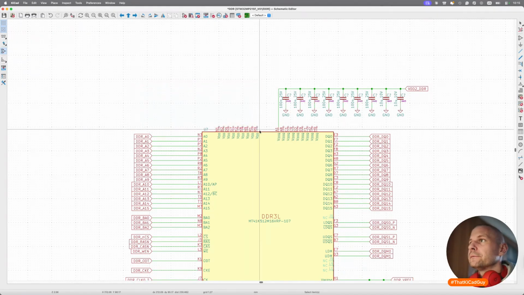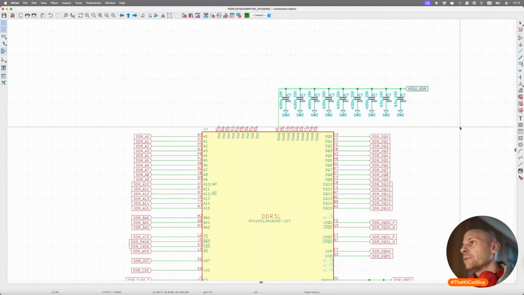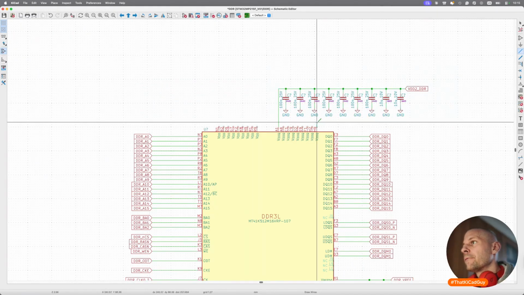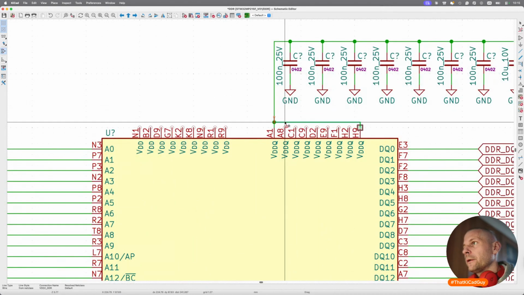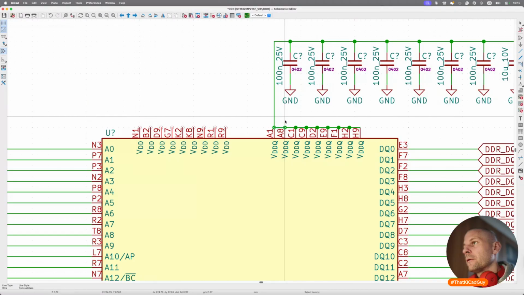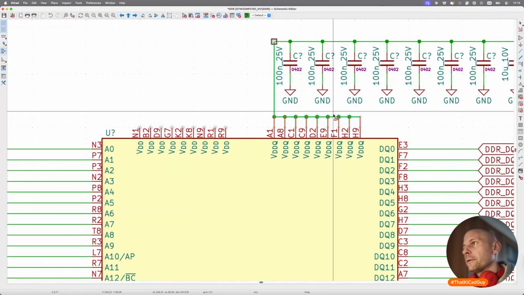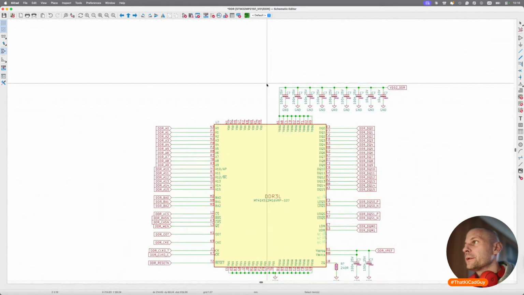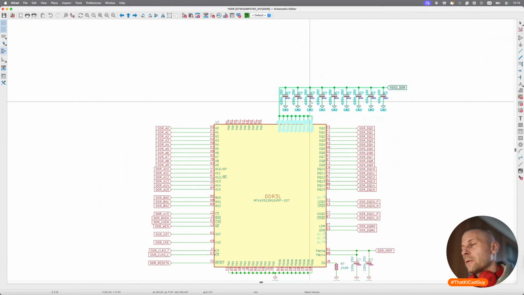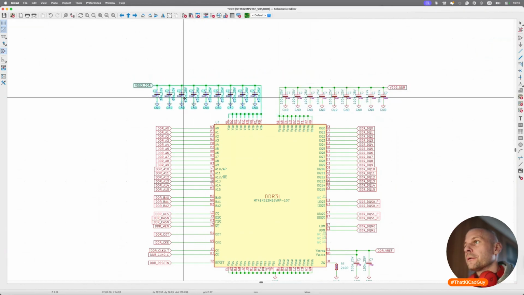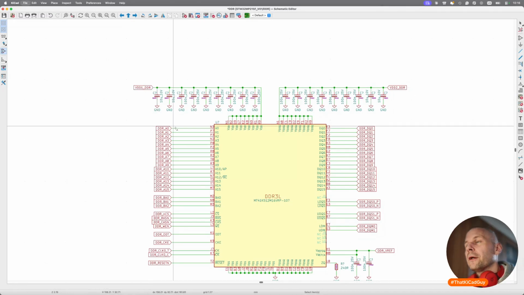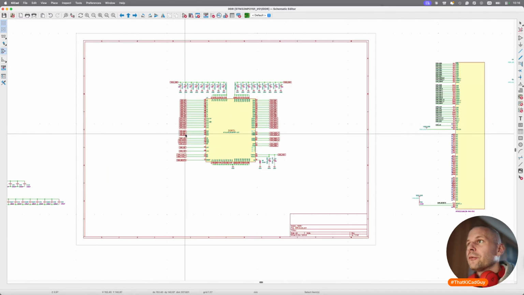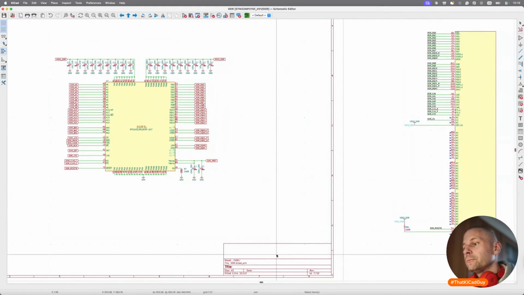Okay, so now it will be as before, the same line, the entire line. Yeah, now it's perfect. And this is VDD1. Okay. It looks like we have connected the DDR3 module.